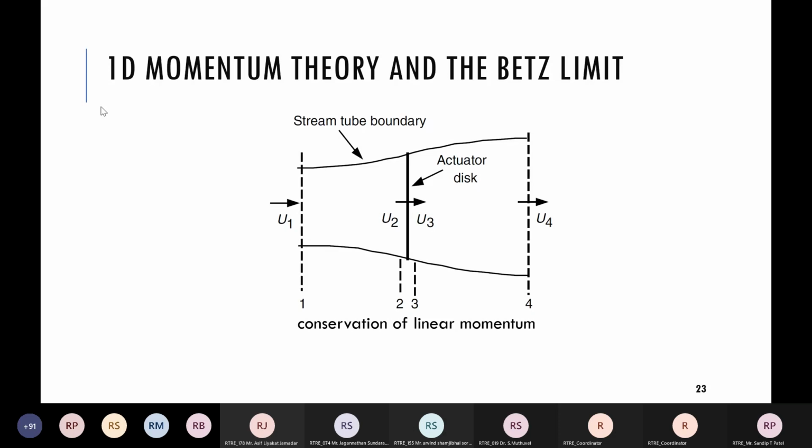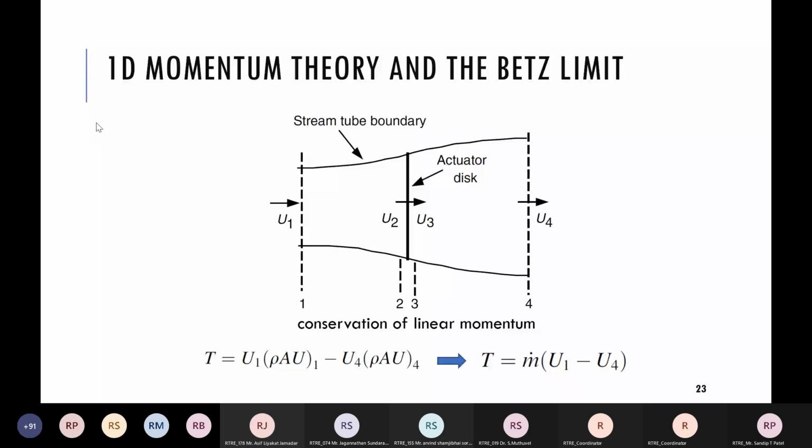According to that, the thrust is the mass flow rate multiplied by the change in velocity, U1 minus U4. That mass flow rate can be represented in rho A U form. So this is one equation we get through conservation of linear momentum.